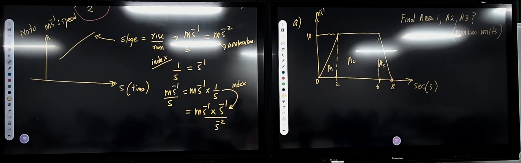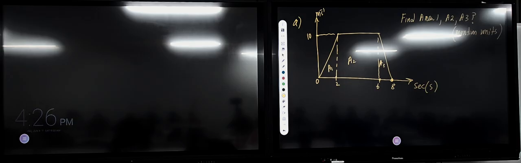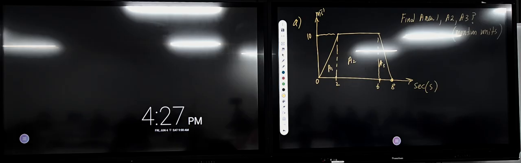Then if you need total area, it's just a matter of adding those three, right? Do you also find the total area? Yes, it's just a matter of adding those three.